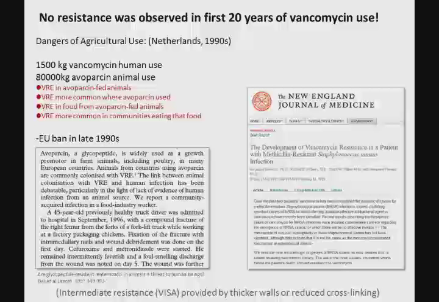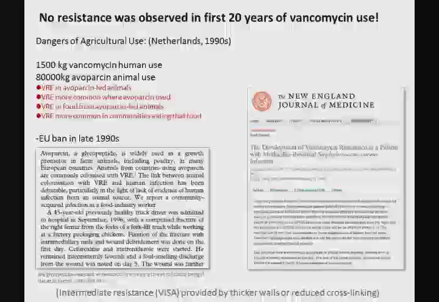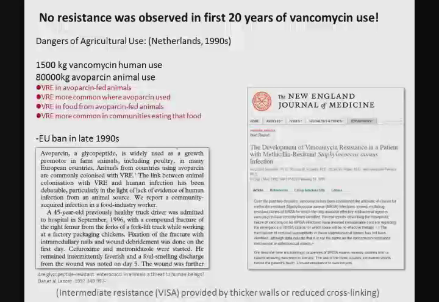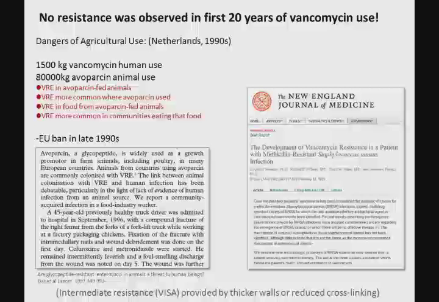Because if vancomycin binds the cell wall substrates, you're just titrating it out. You're just using the wall and more of it to suck the effective concentration of vancomycin out. And this is only intermediate, because obviously you could increase the concentration of vancomycin and still kill these bugs. So this is not true resistance, but I mention it here in this context.